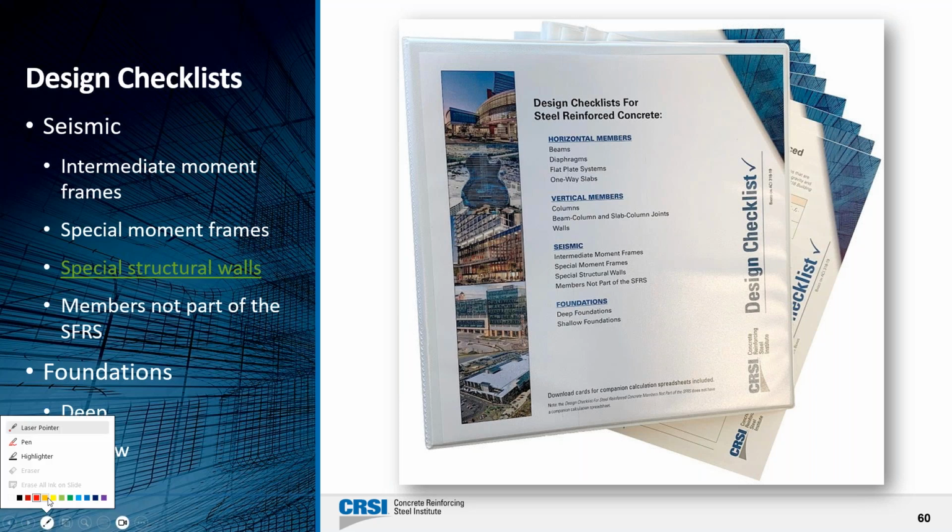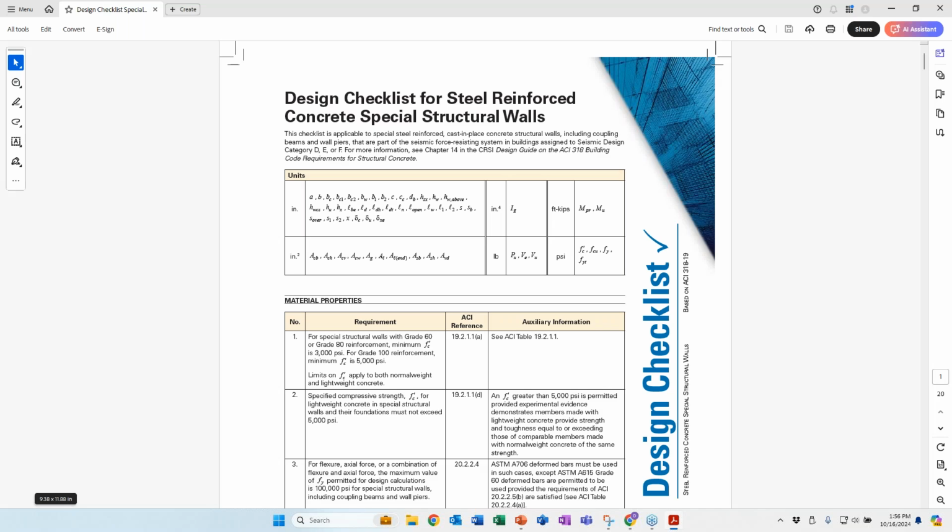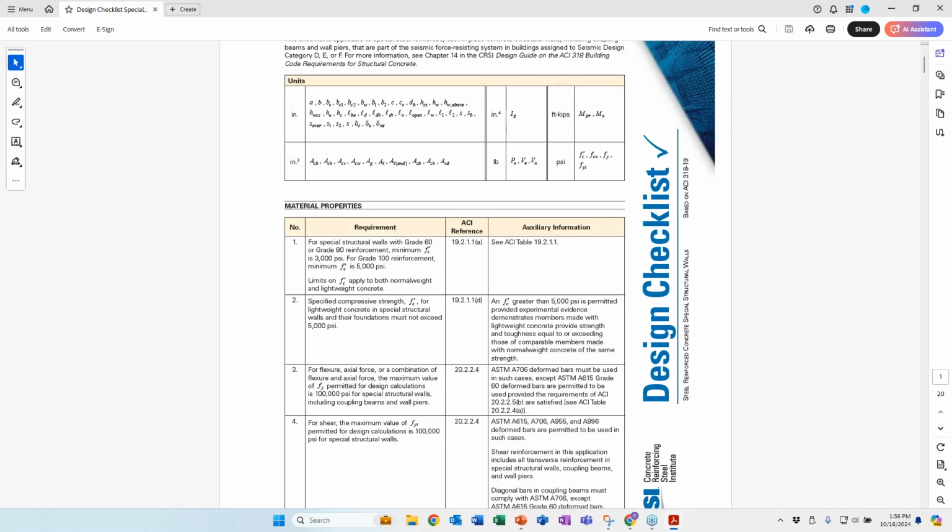So I've got to change back to my pointer here, if I can do that. All right. So this is a typical checklist. It starts out by giving you what the units are for all the equations that are given here, and it goes through all the important parts of the code that relate to that particular item.